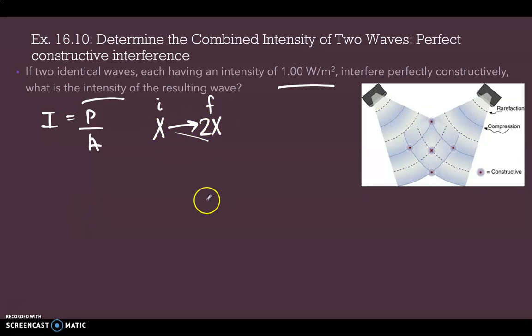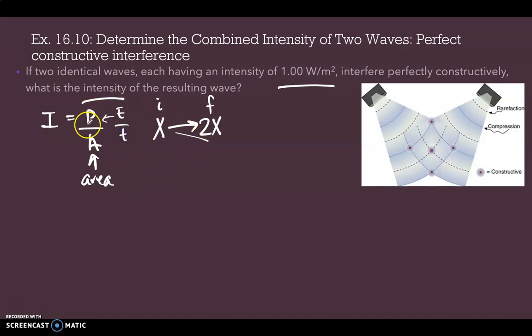Now we need to relate our intensity to our amplitude somehow. Remember, this is area, this is not amplitude. We can note that intensity equals our power, and remember our power we just looked at is some energy over time.